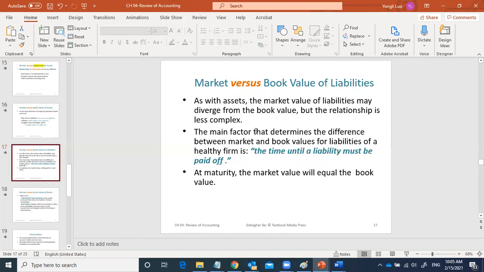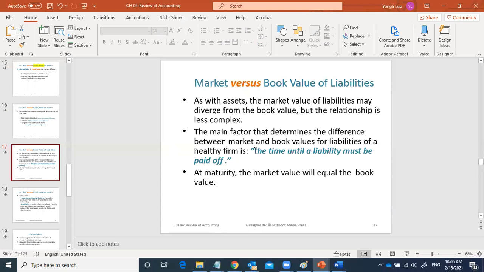And for liabilities, the main factor that determines the difference between the market and the book value for a healthy firm is the time until the liability must be paid off.